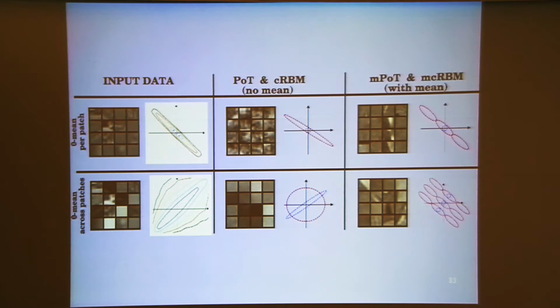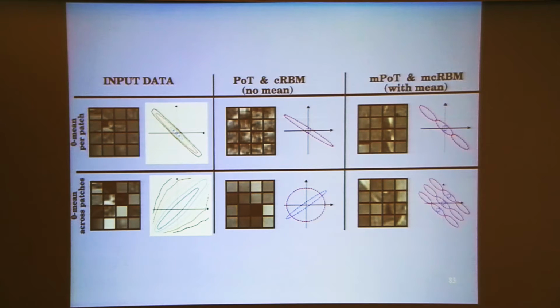And indeed, if you train a model on data like this, that is preprocessed in this way, when you generate, you get samples like this. So you are only able to describe the fact that image patches can have different mean intensity. But there is not any structure.